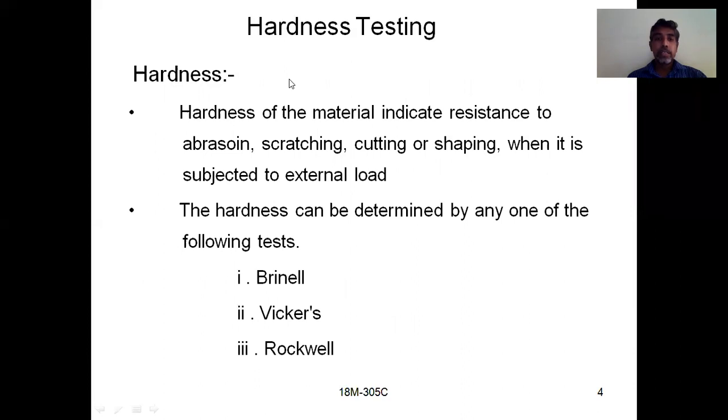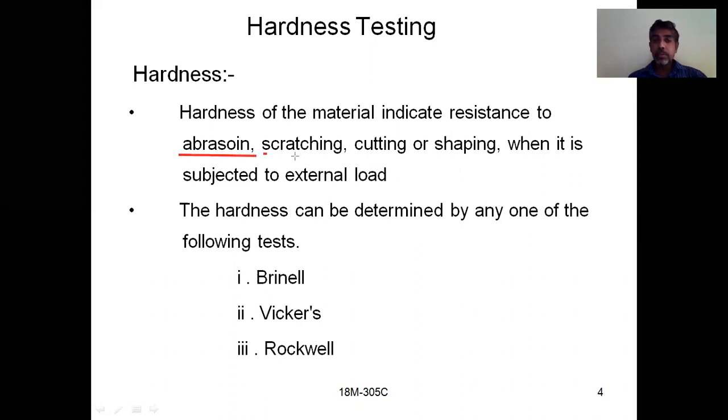Hardness is the ability of the material to resist indentation, penetration, scratching or cutting. That means it should not wear out, it should not be scratched easily, and it should not be cut easily. It should not be shaped easily, meaning cutting, that is removing some material.